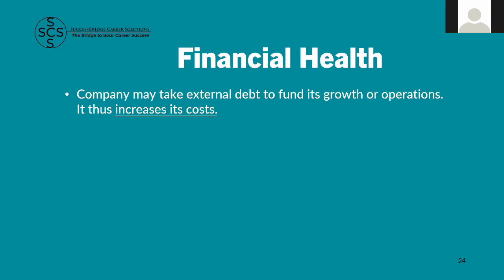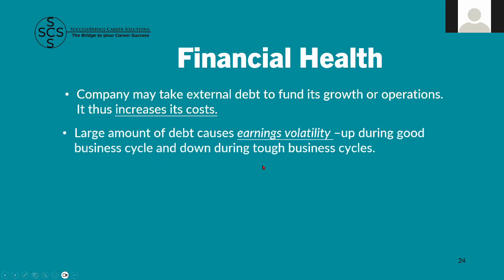However, one should note that taking on external debt increases costs because of interest payments. And a large amount of debt causes earnings volatility. Why is that? Because in good business cycles, earnings go up, and during tough or bad business cycles, earnings undergo a lot of pressure.